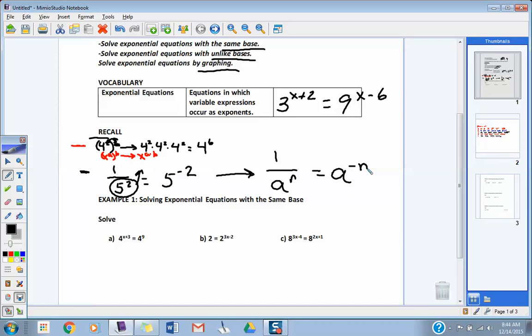So if I have 7 to the negative 3, that's like 1 over 7 to the third. Or if you have 1 over 4 squared, that's the same as 4 to the negative 2 power. And I think that once we get involved in some of these examples, you'll really understand why it is that we need these rules. I guess my first question is, do you have those written down for sure?